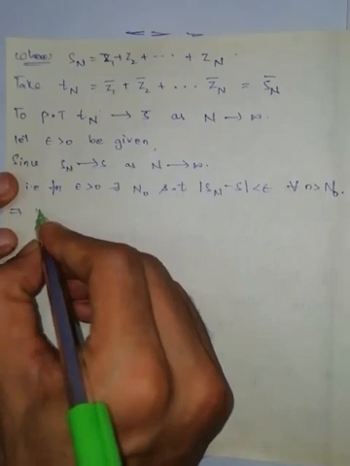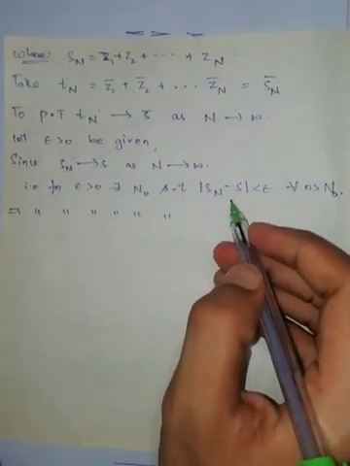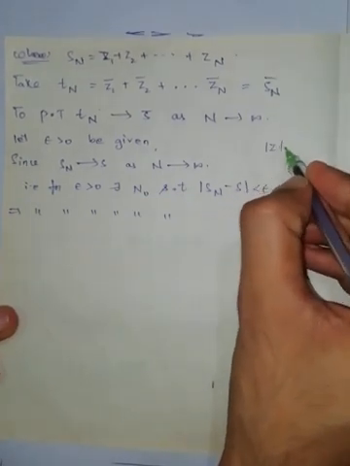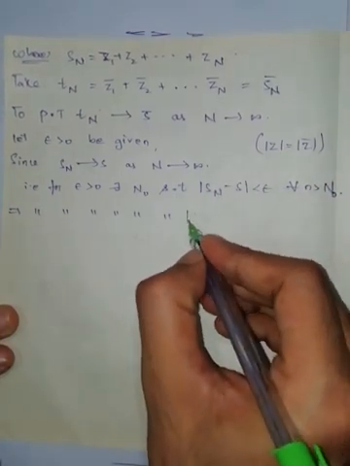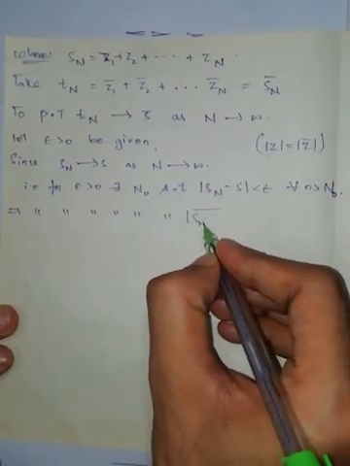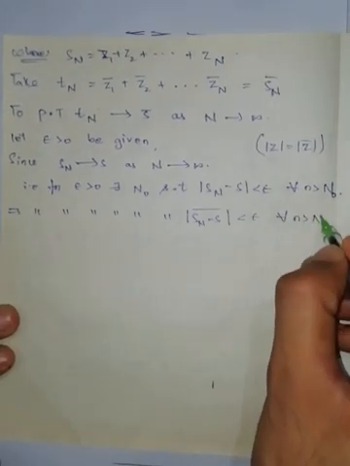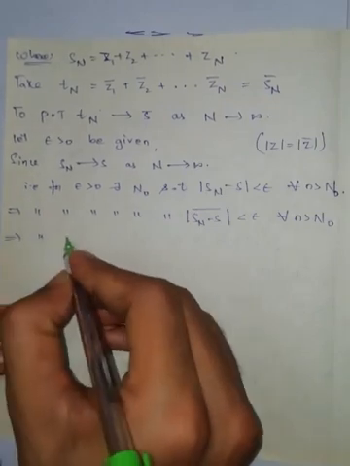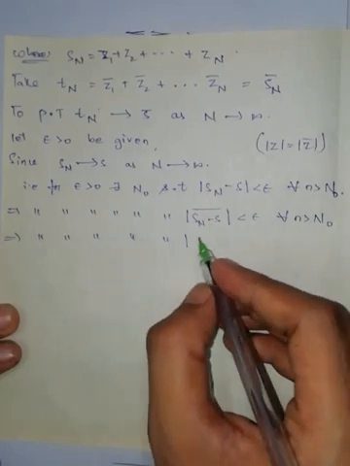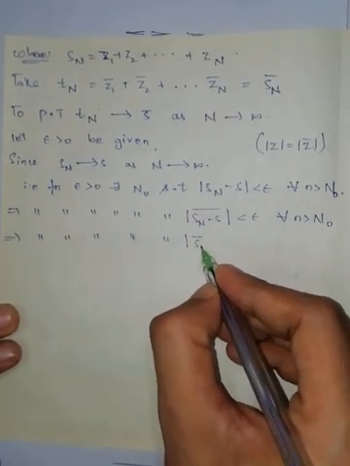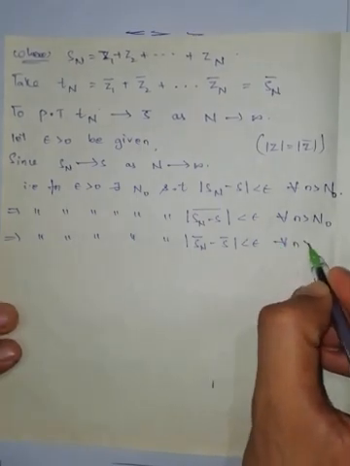This implies for each epsilon greater than 0 there exists n naught such that, since modulus of z is equal to modulus of conjugate of z, this one can be written as modulus of conjugate of Sn minus S less than epsilon for all n greater than n naught. This implies, since conjugate of z1 plus z2 can be written as sum of conjugates, conjugate of Sn minus conjugate of S less than epsilon for all n greater than n naught.